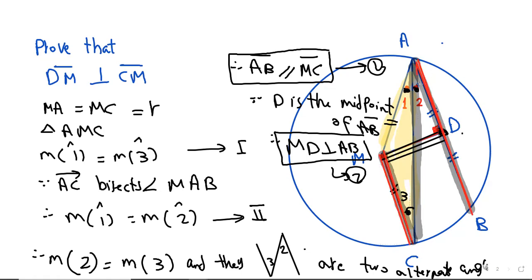I think it's obvious now. This line is perpendicular to AB. So if we have a line perpendicular to one of two parallel lines, then this line MD is perpendicular to the other line, MC. And that's what I want to prove.